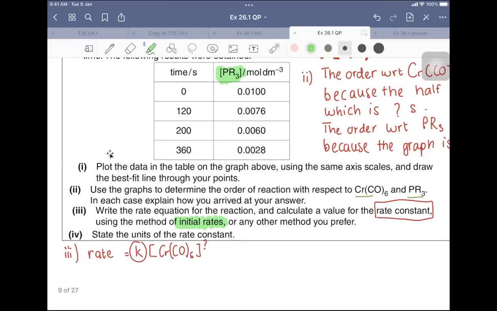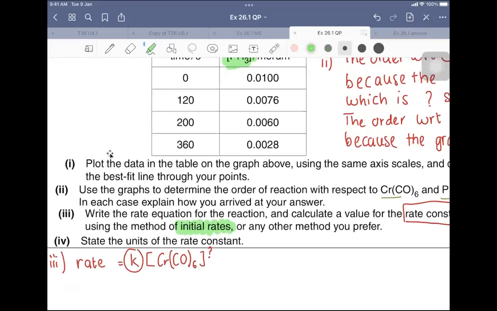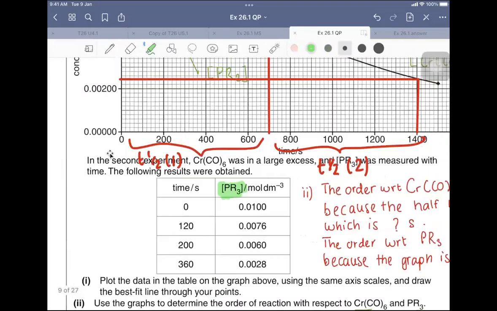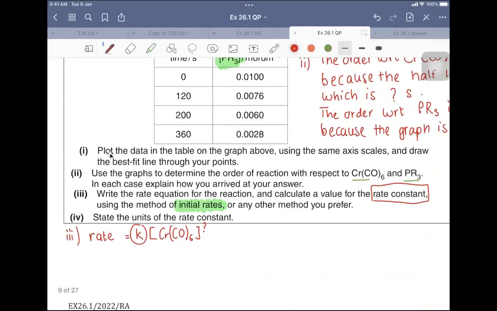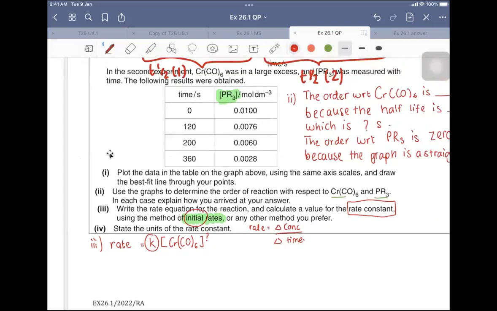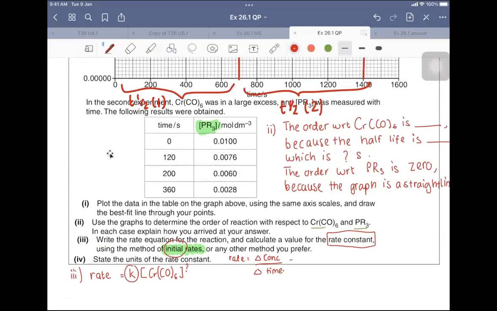Since you are given concentration time graph, and remember that rate is equals to change in concentration over change in time. They already give you a hint that it's the initial rate. And if you notice, change in concentration over change in time is actually equals to the gradient.